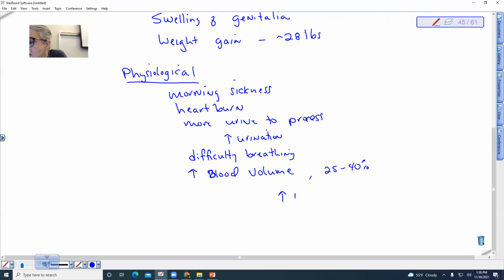So oftentimes, if a female has really elevated blood pressure and she's near the end of her pregnancy, the doctor might decide to induce in order to make sure that her blood pressure doesn't go too high, because that blood pressure could damage blood vessels, it could damage your kidney, it could damage the fetus. So you want to really make sure that you keep tight control of the blood pressure.